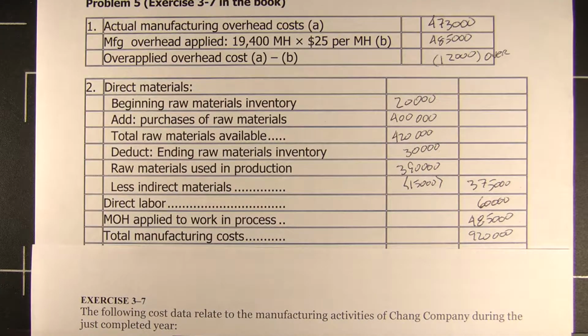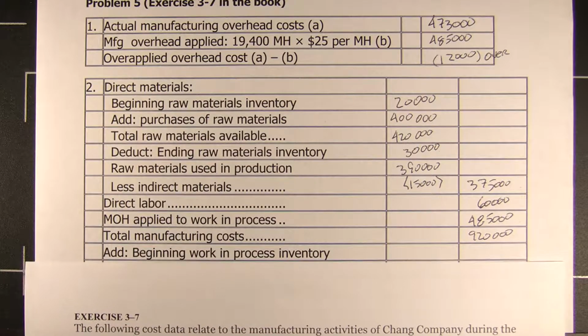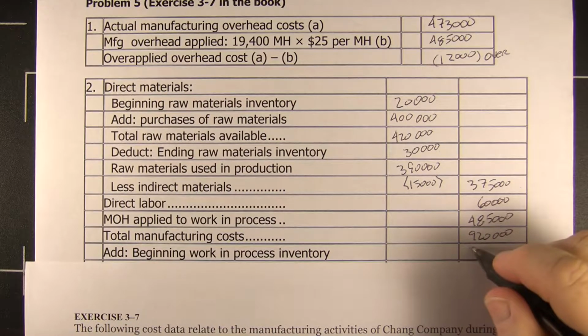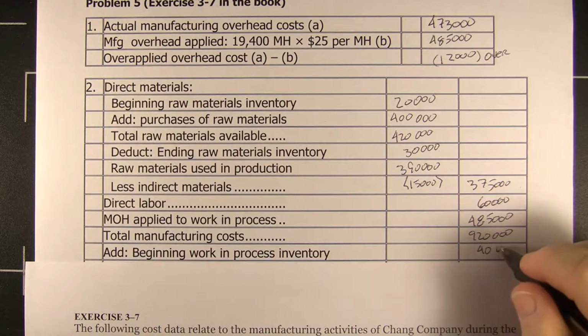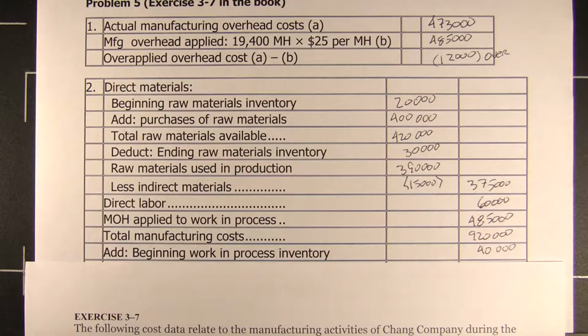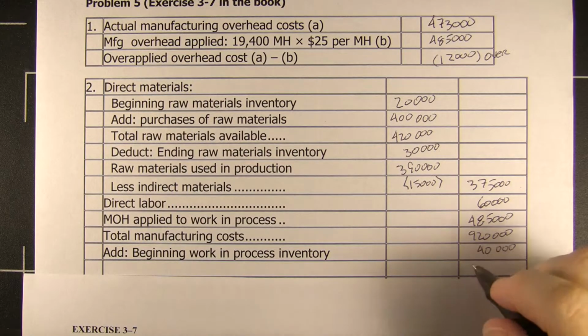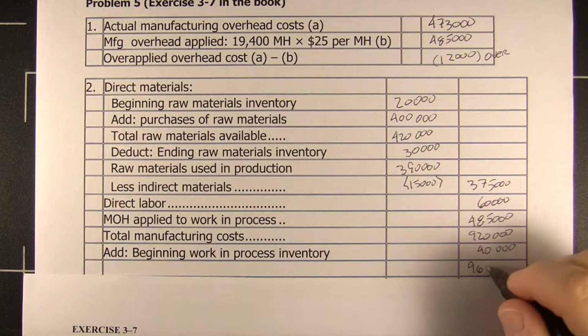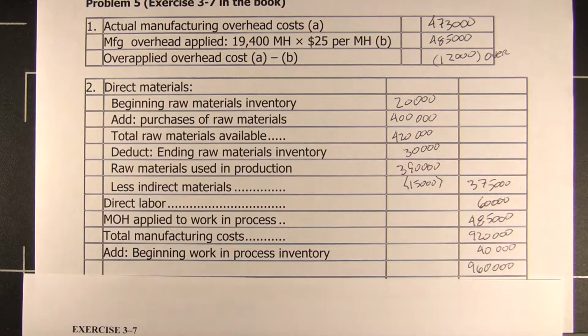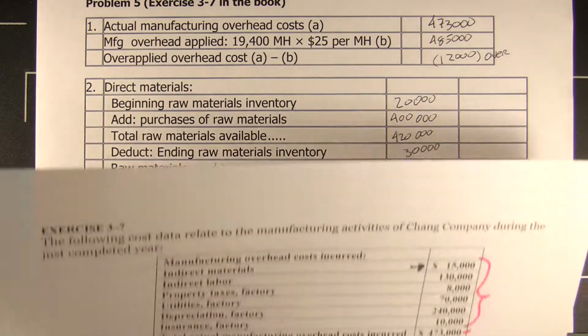Now, what did we add those to? We added those to the beginning work in process. That was stuff that was already on the assembly line that we finished up. That gave us a total of $960,000, total work in process, $960,000.